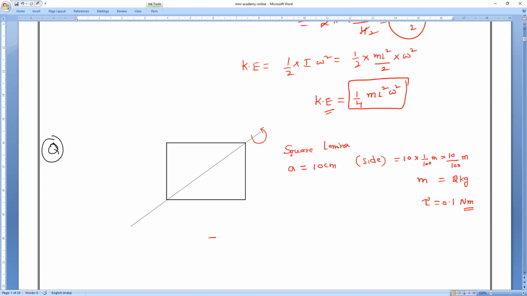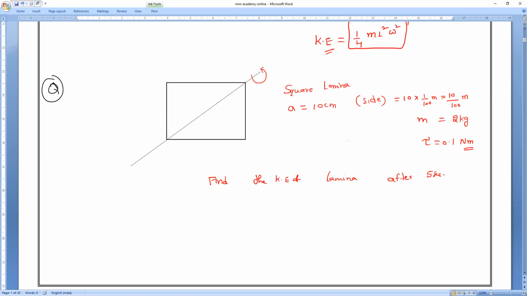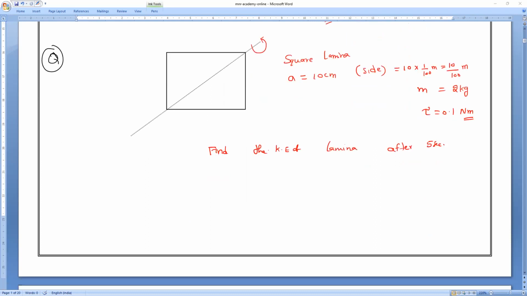Now we have to find the kinetic energy of the lamina after 5 seconds. After 5 seconds means what is it initially? Before starting, initially it is 0 only. Am I right or wrong, everybody?